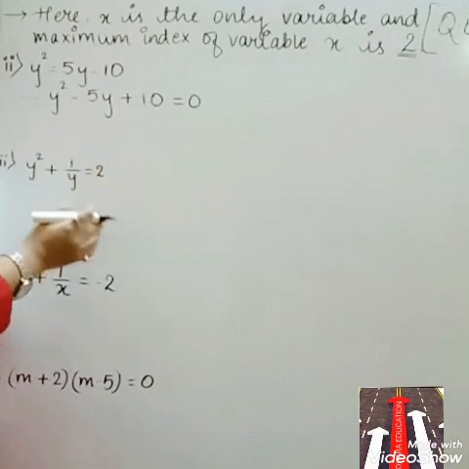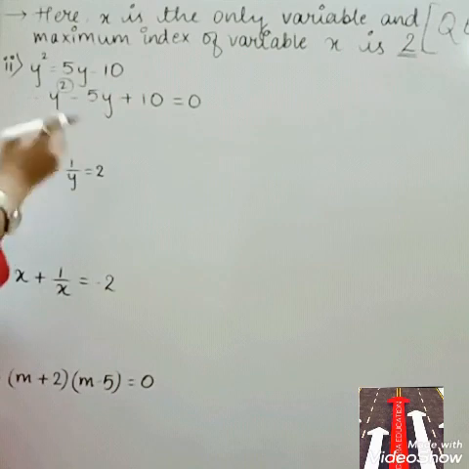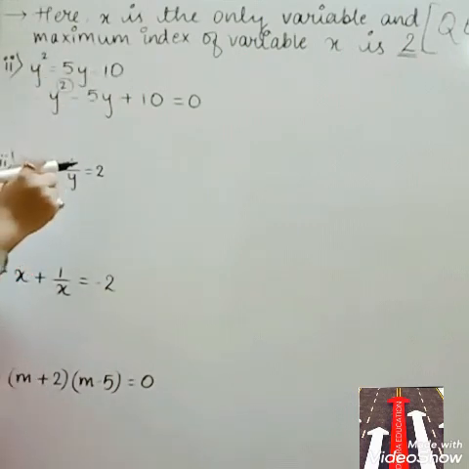So once we convert this into the proper standard form of the quadratic equation, we can conclude that with the highest index of the variable y, this is a quadratic equation, right?